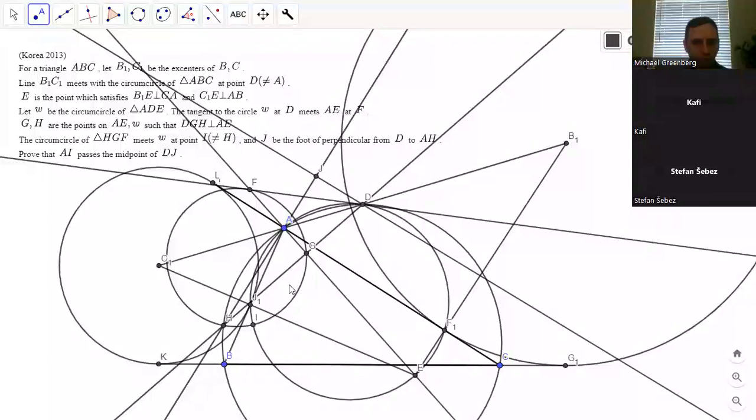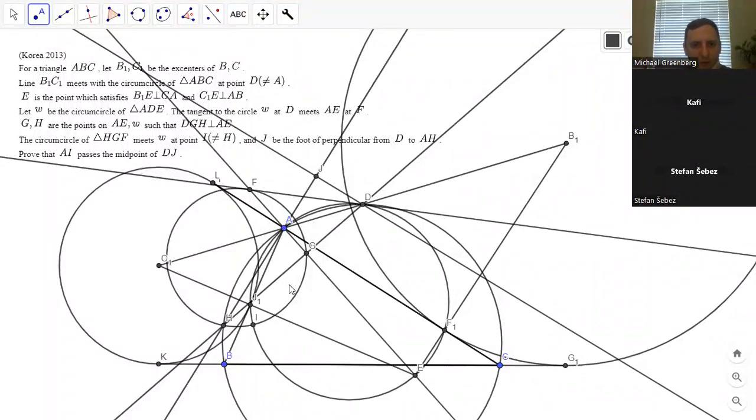So let's see. B1 and C1 are the excenters. They meet the circumcircle at D. And then we define E. So B1E is perpendicular to CA, C1E is perpendicular to AB. We draw the circumcircle of ADE.